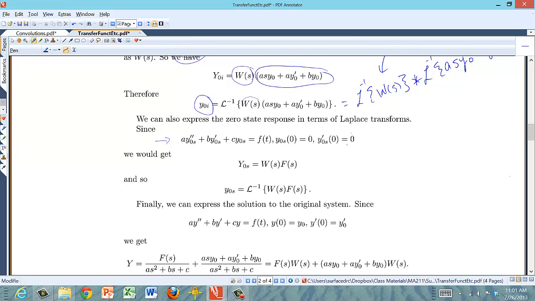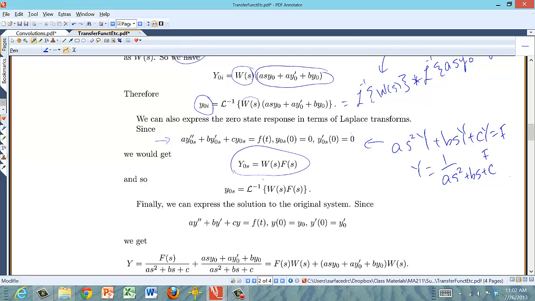Since all the initial conditions are zero, I would just get A s squared capital Y plus B s Y plus C Y equals the Laplace transform of f, so that's capital F. Then I divide everything off, and I see that capital Y is 1 over A s squared plus B s plus C times F. Okay, and that's what I have here.